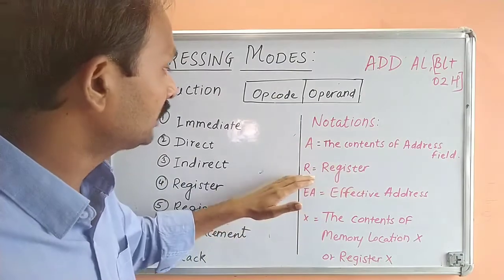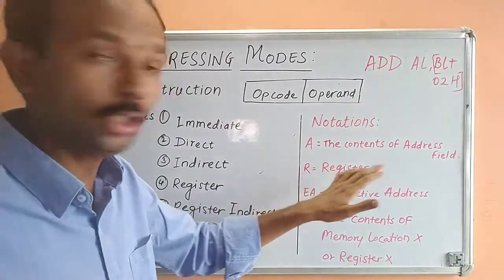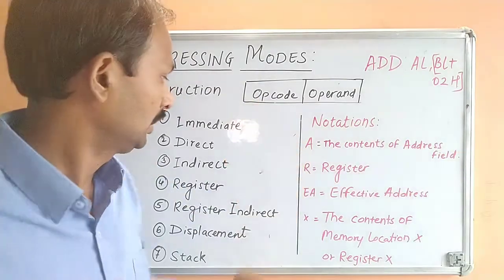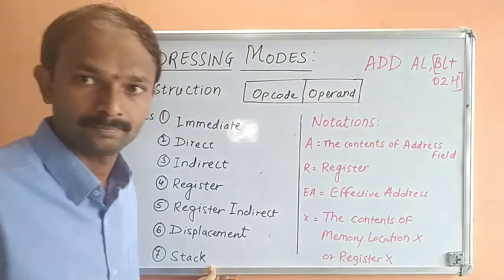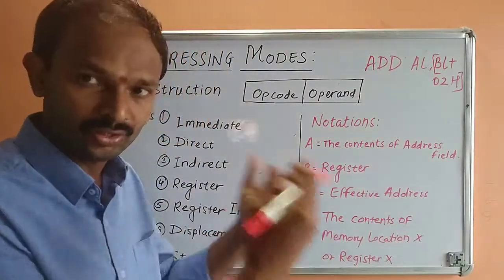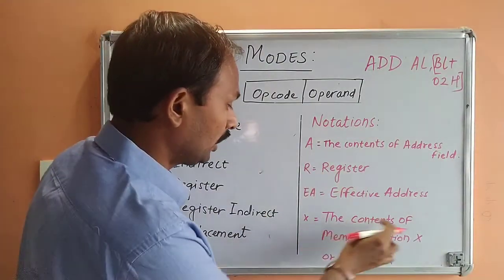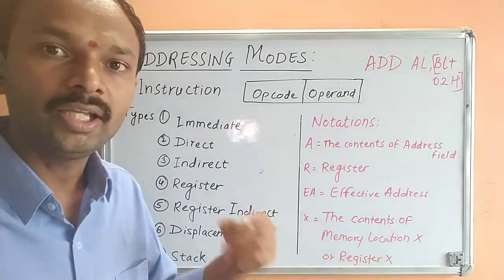Next is R. R is the register which is pointing to some memory location. EA is the effective address, and X in the instructions is the contents of the memory location X, or it can be a register X.